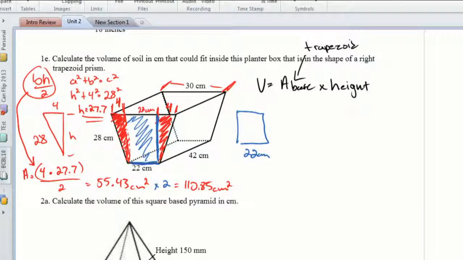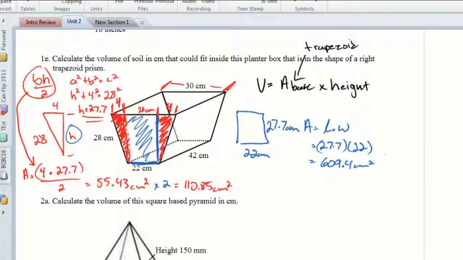Yeah, I just calculated that. I found out that h from over here was 27.7. So the area is going to be length times width, which is 27.7 times 22. So I get 609.4.